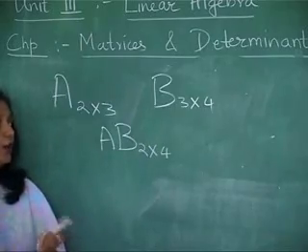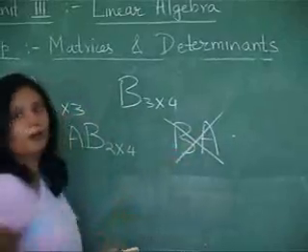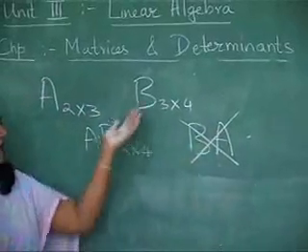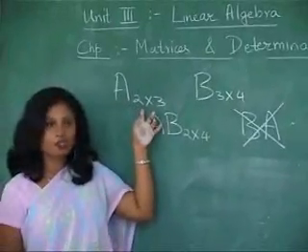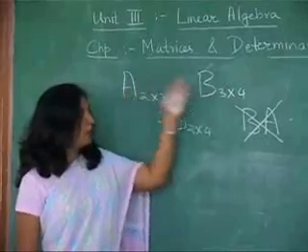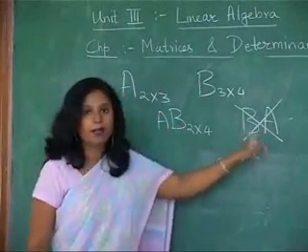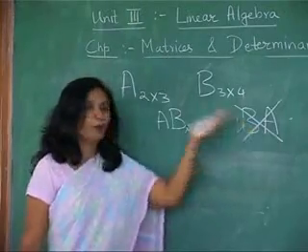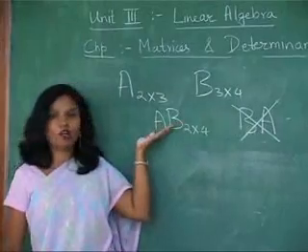However, it's not going to be possible to compute BA. For obvious reasons, the number of columns of B is not equal to the number of rows of A. So in some cases, it may be possible to compute AB, but it may not be possible to compute BA. Or the situation could be the other way around.